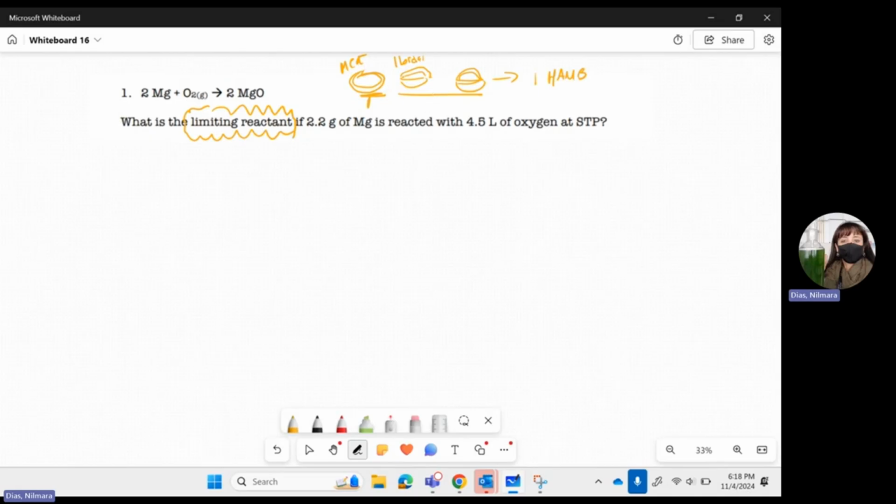So the limit here is the meat and the excess is the bread.